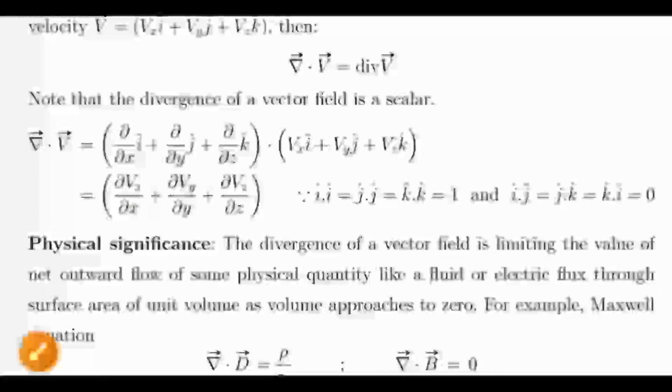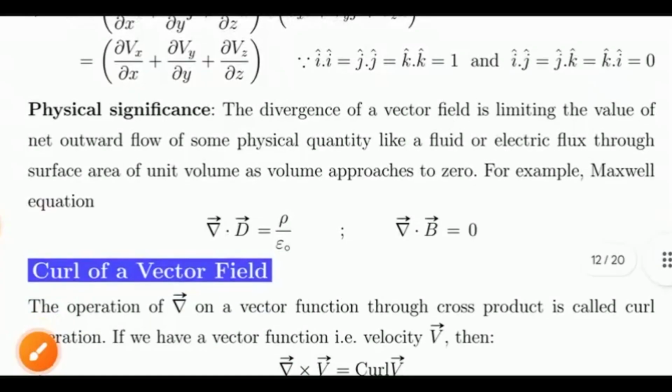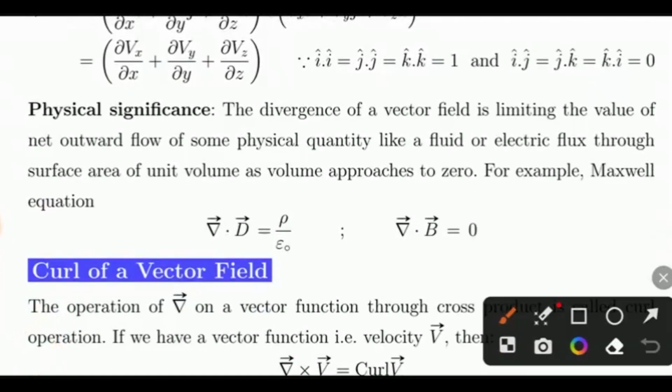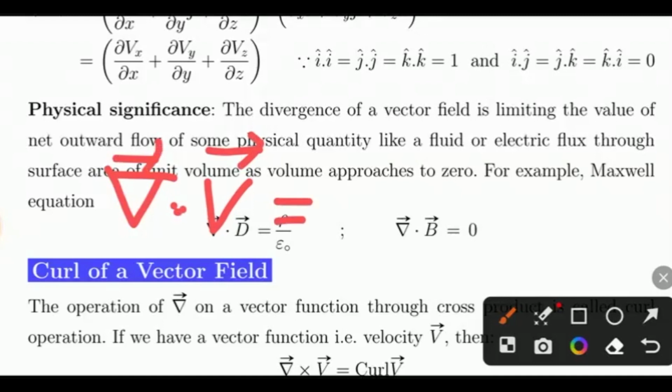What is the physical significance of this divergence? Now when we apply the del operator on some vector function, then the dot product on the right hand side will become a scalar quantity.